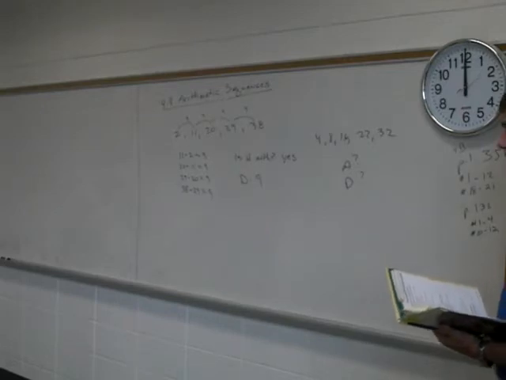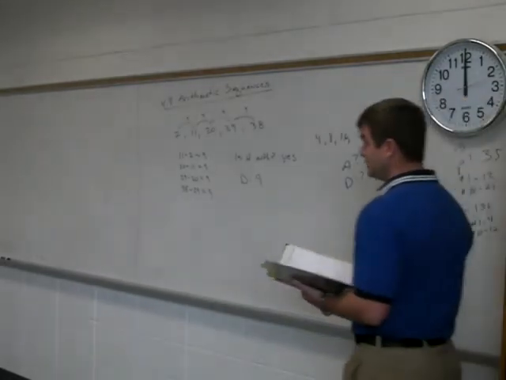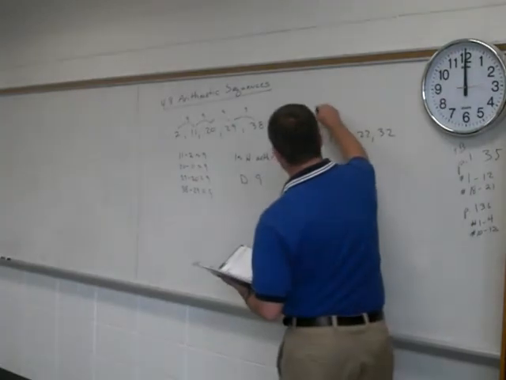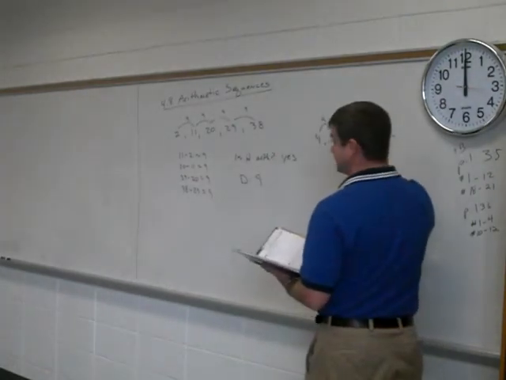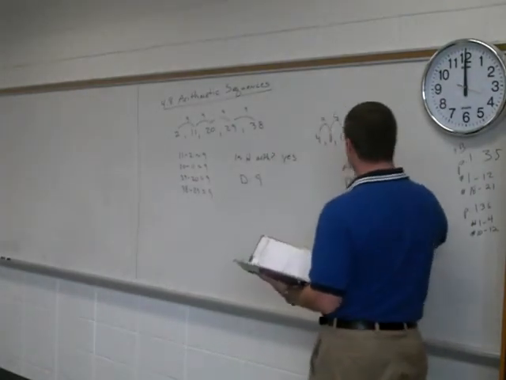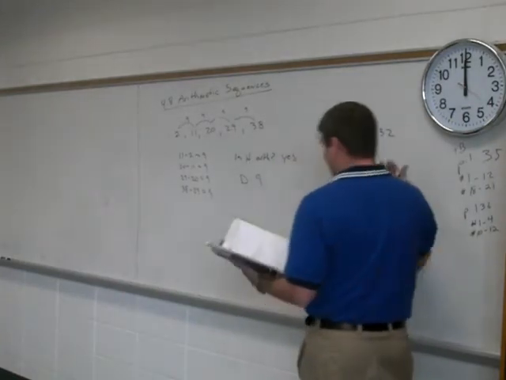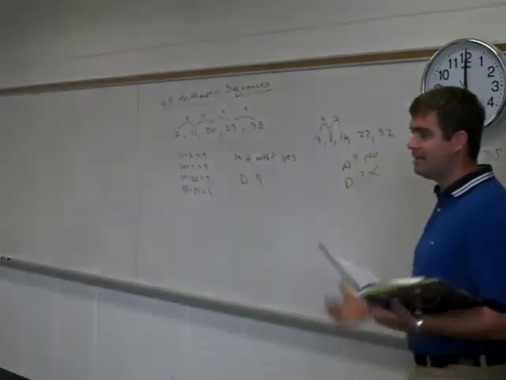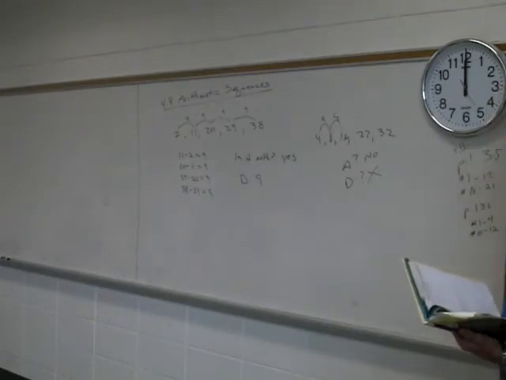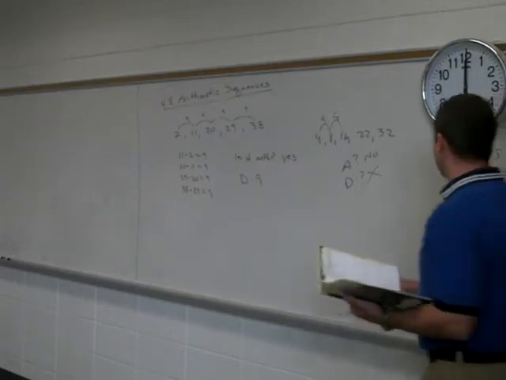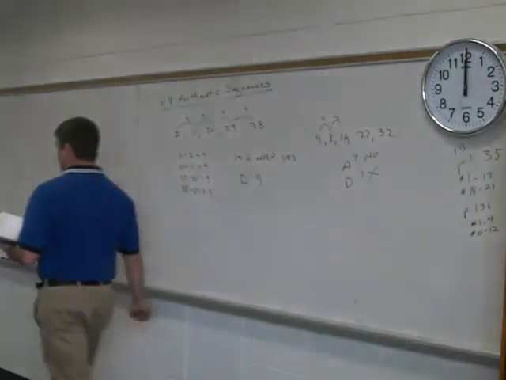No, it is not. Why not? Because it's added different numbers each time. The difference is not the same. What is this distance? 4. What is this distance? 8. Right there, you can stop and say no, and there's no D. If it's not arithmetic, then there is no D. You don't even have to worry about it. Okay? Questions?